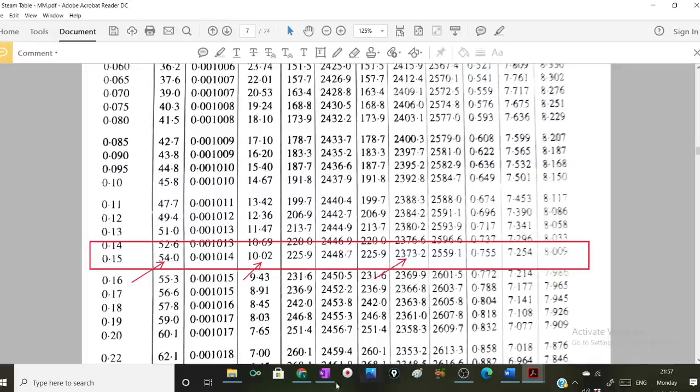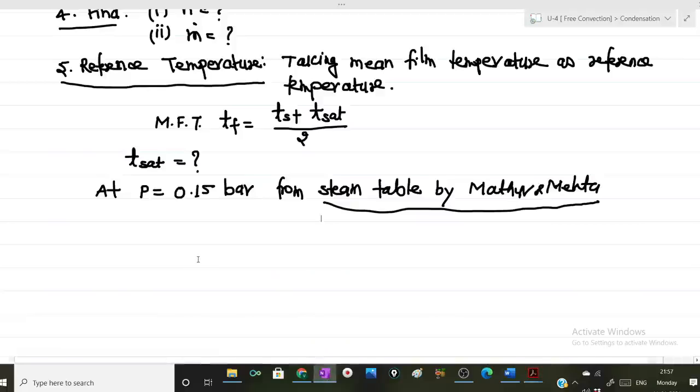At 0.15 bar, let me enlist this. T saturated is equal to 54 degrees Celsius.